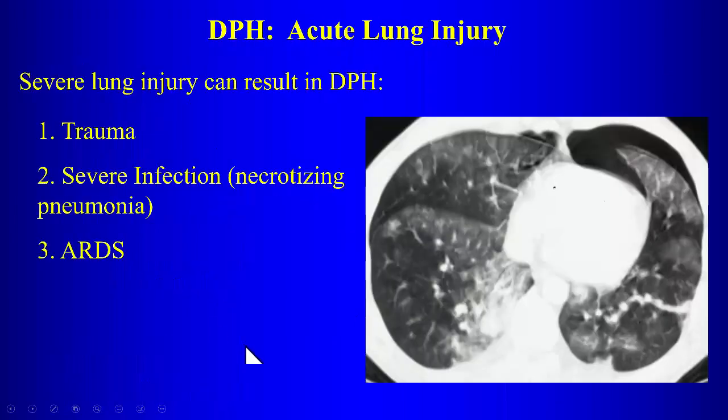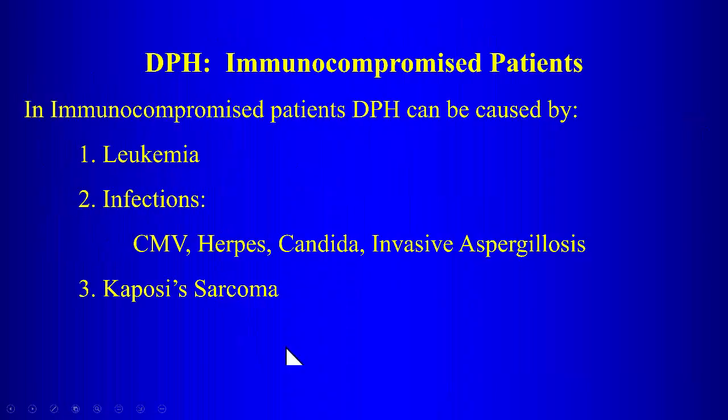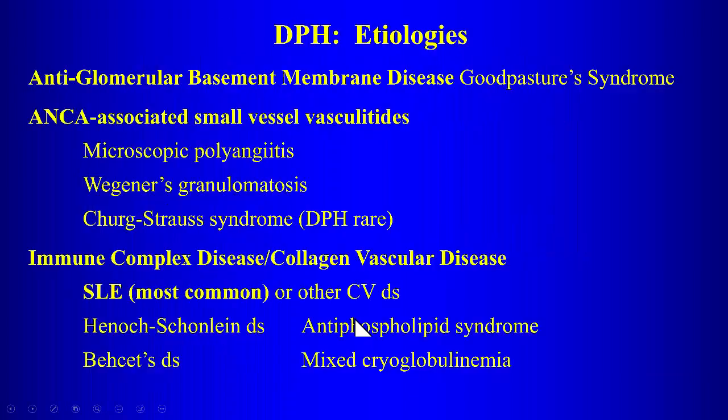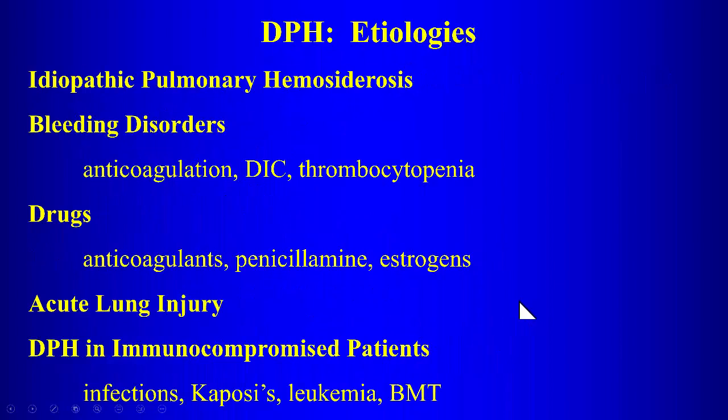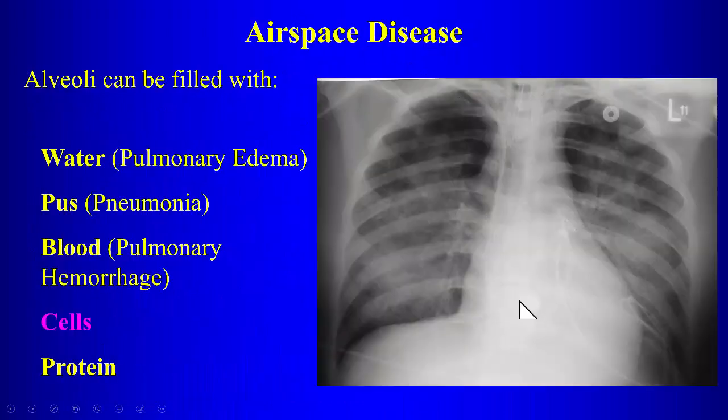And then acute lung injury, of course, we've seen cases of trauma where we can have pulmonary hemorrhage. Necrotizing pneumonias, ARDS, all of these can also be associated with pulmonary hemorrhage. And in immunocompromised patients, leukemia, infections, Kaposi's, these can also be associated with pulmonary hemorrhage. So that's your list of all the various things that can cause pulmonary hemorrhage.